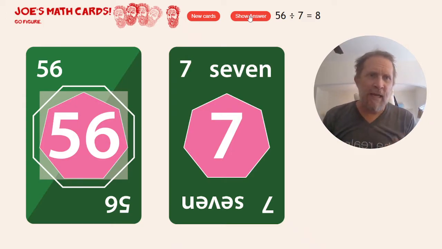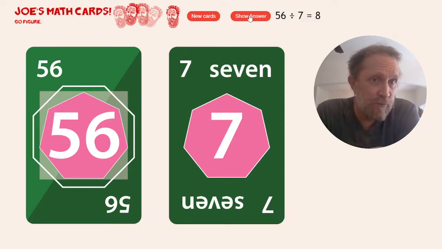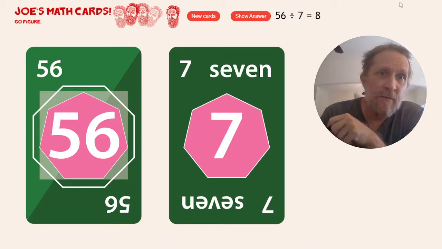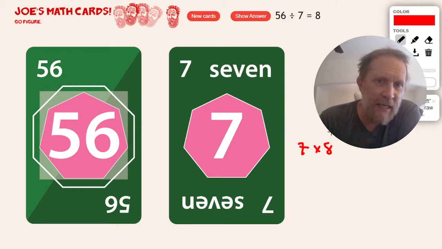Now, when I say that division is backwards multiplication, that's what I mean. I've got this situation here. Let me get the pen working. There we go. So I've got this situation like this. I've got 7 times 8 equals 56.